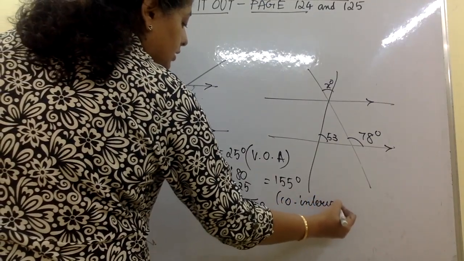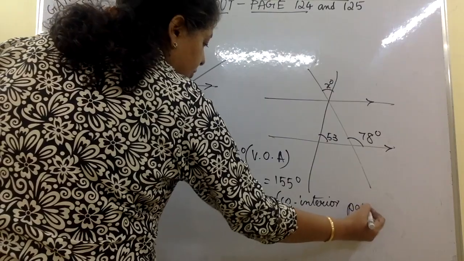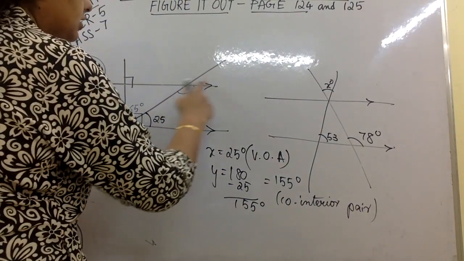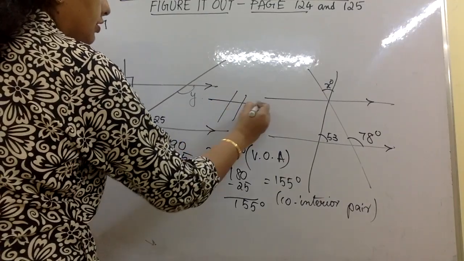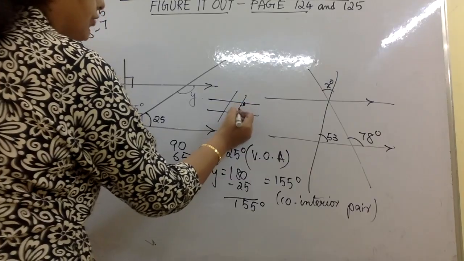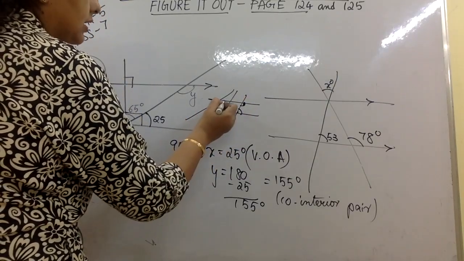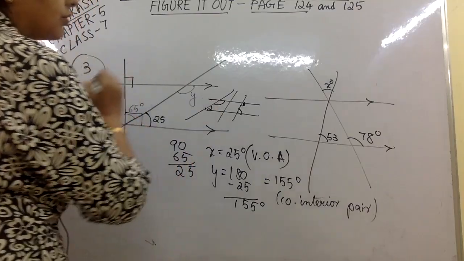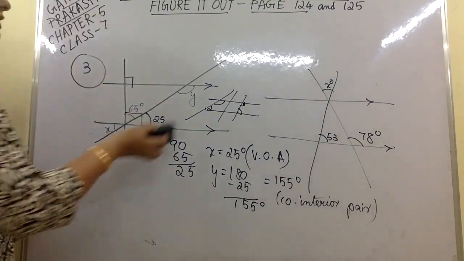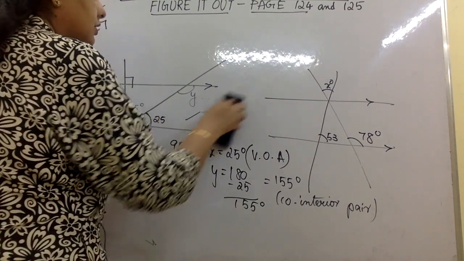It is forming a co-interior pair, these two, because these two lines are parallel. See, this is the position of co-interior pair, here and here. These two will always add up to 180. Now the line can be a little slanting, no problem. Still these two will form a co-interior pair. So that is it for this question. So we have solved it.